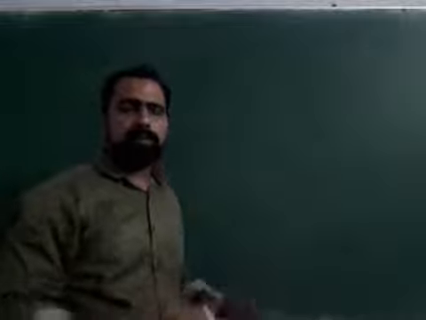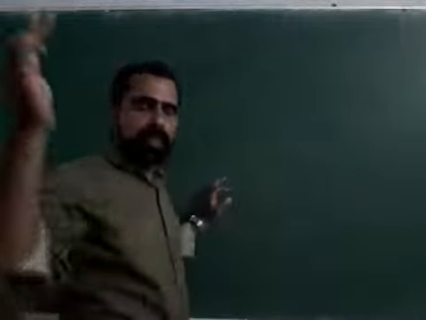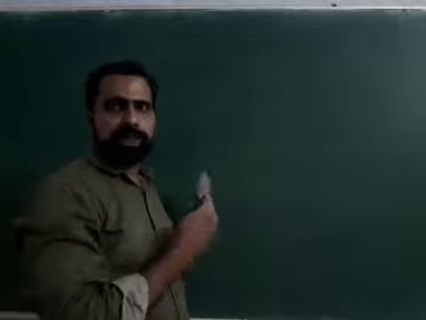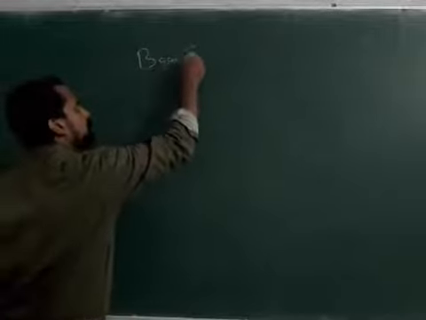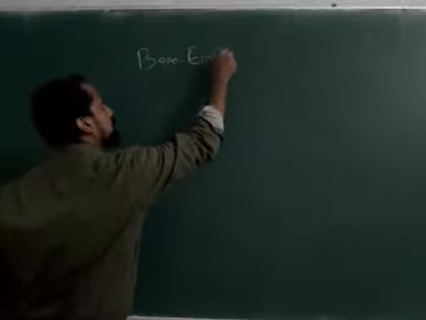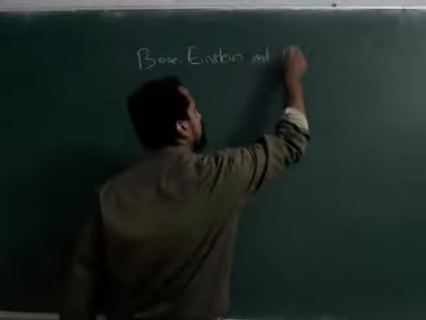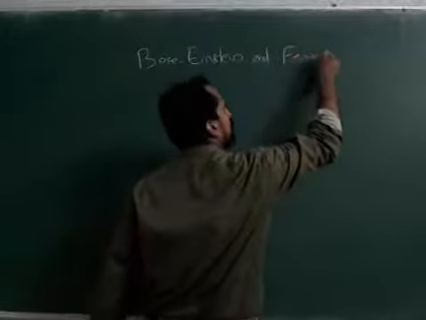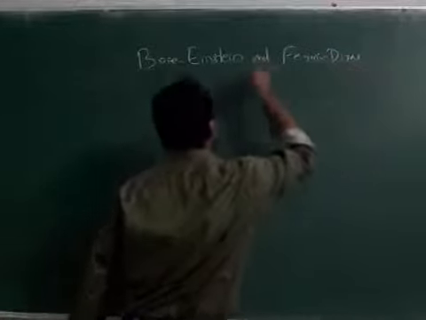So we will look at what this is, how it looks, and what its properties are, which we are going to discuss today. First I will just write Bose-Einstein and Fermi-Dirac distribution.